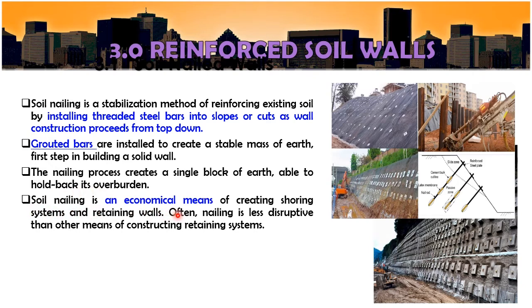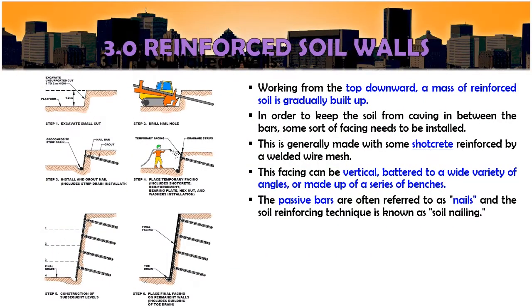Soil nailing is an economical means of creating shoring system and retaining walls. Often, nailing is less disruptive than other means of construction. Working from top downward, a mass of reinforced soil is gradually built up. In order to keep the soil from caving in between the bars, some sort of facing needs to be installed.